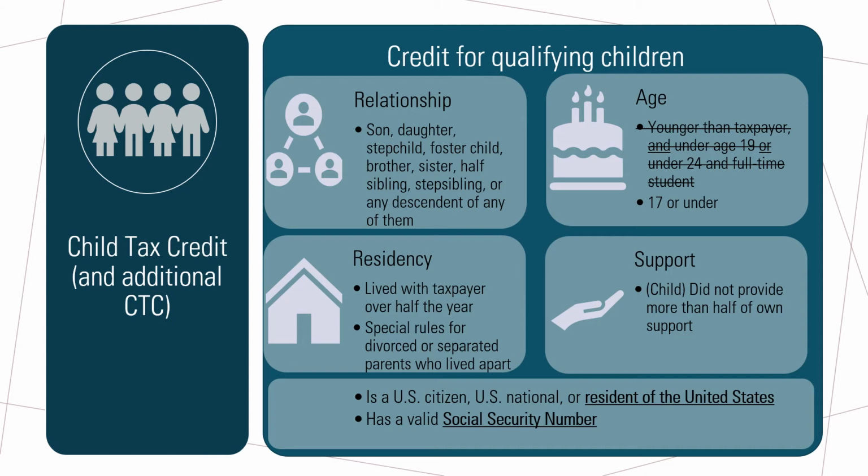So residents of Canada or Mexico are not able to qualify for this credit. And then they also need to have a valid social security number. So this is one that we definitely could run into in tax season. If we have a child that has an ITIN, they will not qualify for this credit. It has to be a social security number.